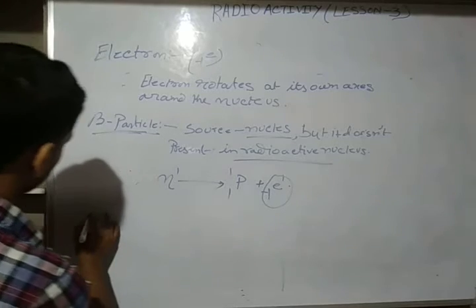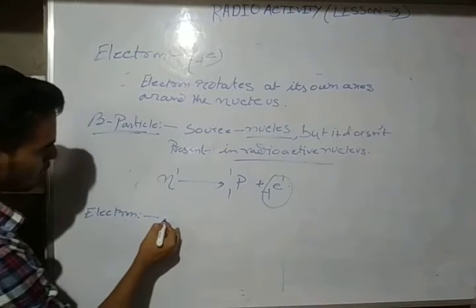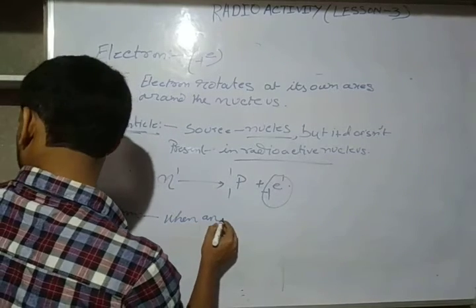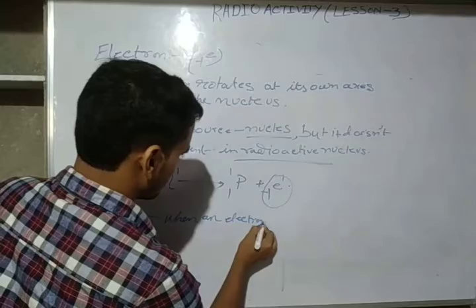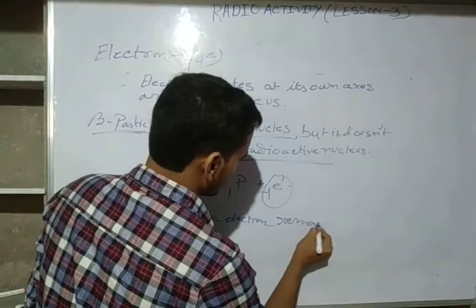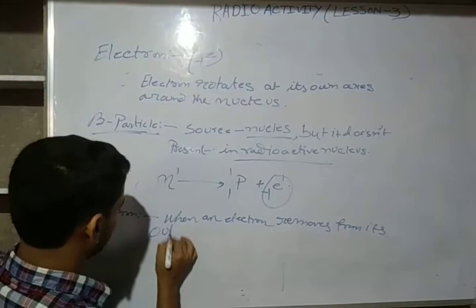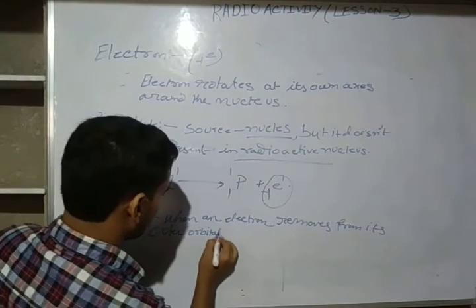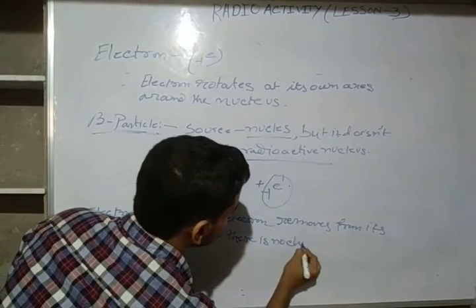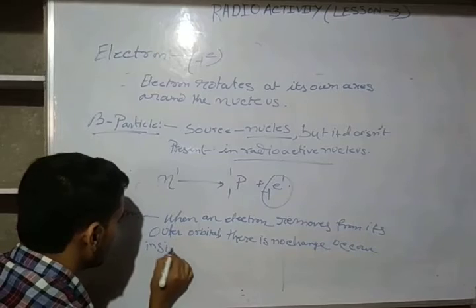In case of electron, when an electron is removed from its outer orbital, there is no change occurring inside the nucleus.